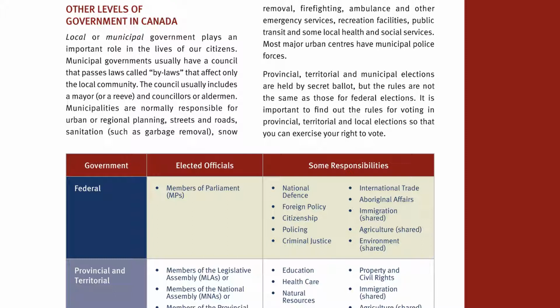Provincial, territorial, and municipal elections are held by secret ballot, but the rules are not the same as those for federal elections. It is important to find out the rules for voting in provincial, territorial, and local elections so that you can exercise your right to vote.